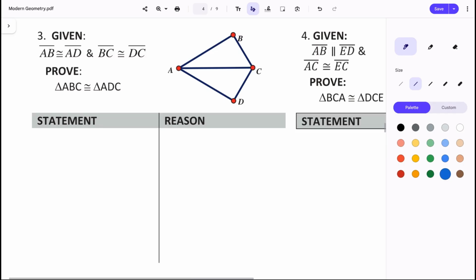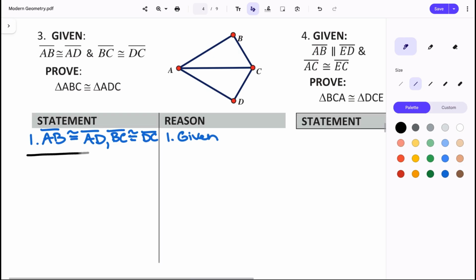Okay, what did we put down for step 1? Given. Where'd you guys go next after you marked up your picture?